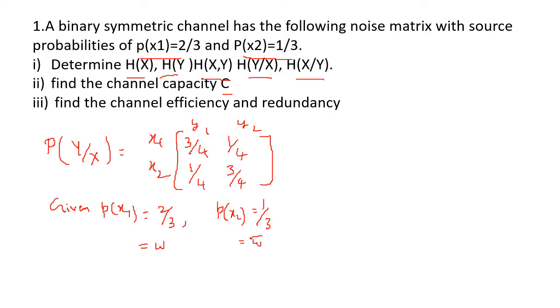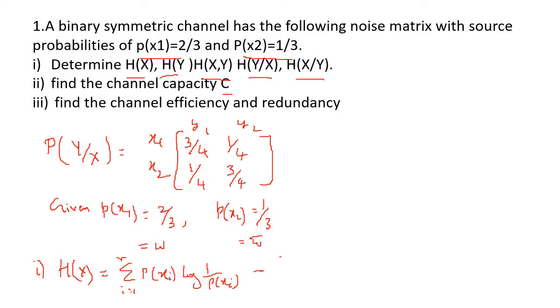Now h of x is nothing but the input probability value, so it is nothing but summation of i varying from 1 to r, P of xi into log of 1 by P of xi. So r is 2 here. We'll just substitute the values.